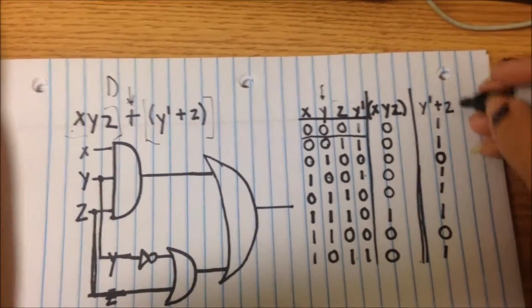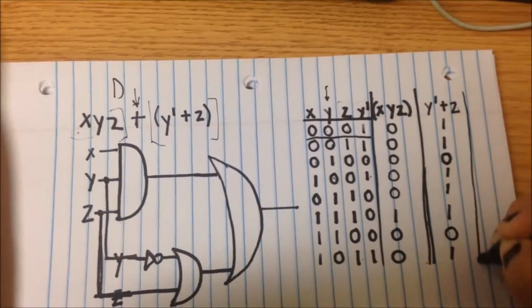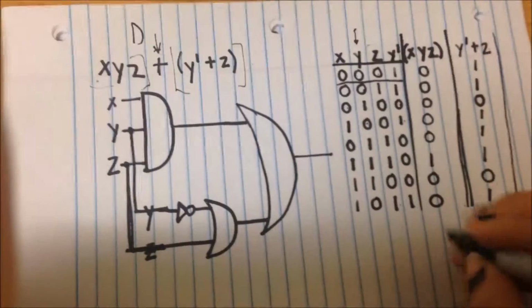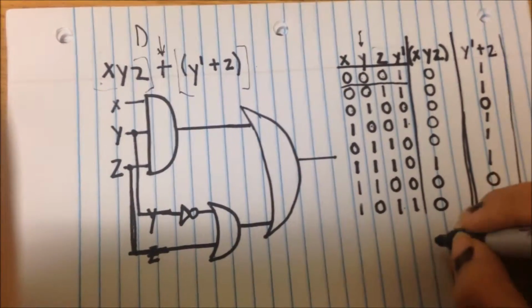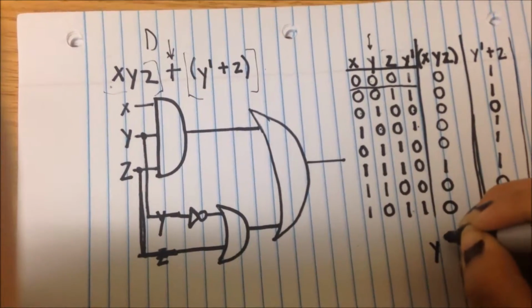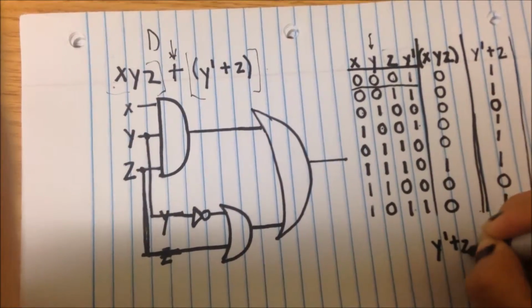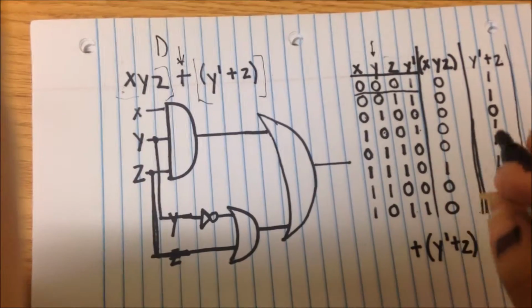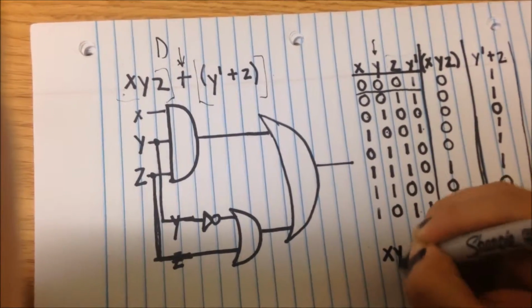Great. Now, this is getting kind of bigger for my page, but here you have your y prime plus z, adding that to x, y, and z.